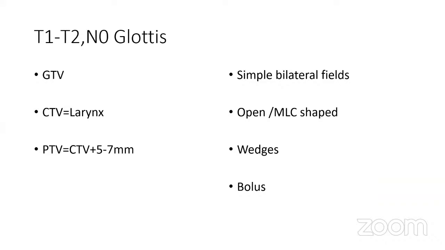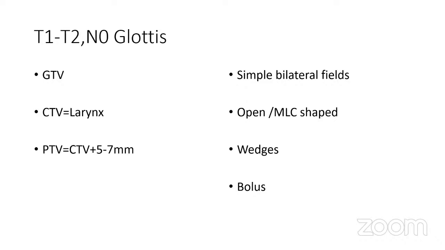And moving on to planning proper. So we've just discussed T1, T2, N0 glottic cancers. And we know that these aren't cancers which throw off nodal metastases. So we would not need to treat any lymph nodes prophylactically. So the CTV is basically the larynx, and the PTV is a margin of 5 to 7 millimeters.